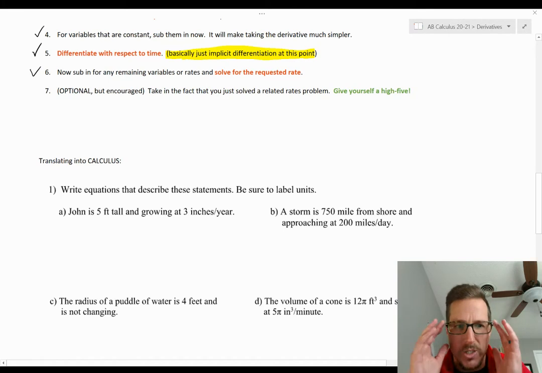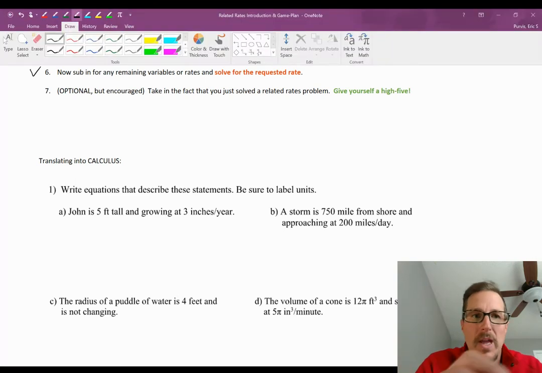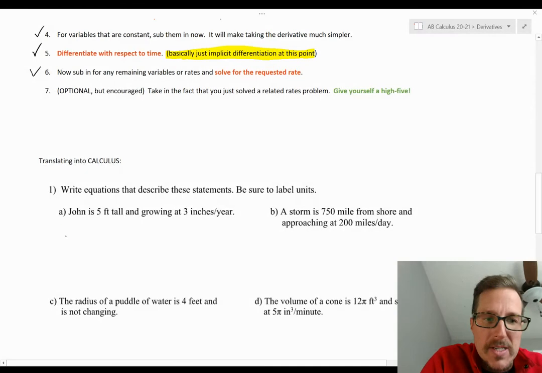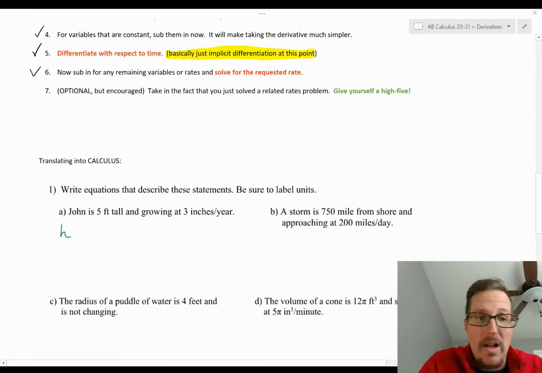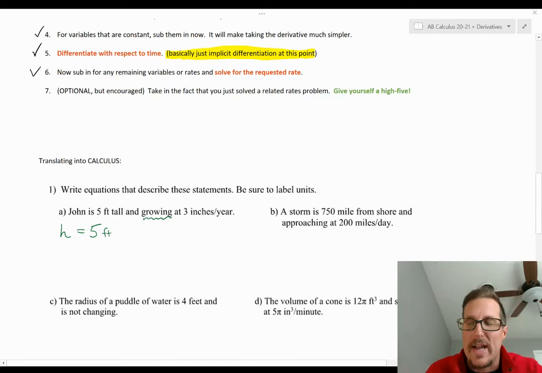So here's a couple of examples where we're just going to look simply at writing mathematical notation for English words. In this 1A, if John is 5 feet tall and he's growing at 3 inches per year, maybe we want to say that John's height is represented by h. So right now, h is 5 feet. Now, growing, I kind of mentioned that earlier, is a word that ties to rates of change.